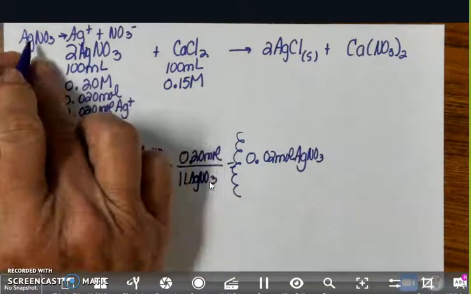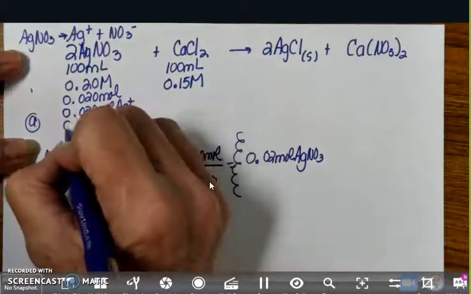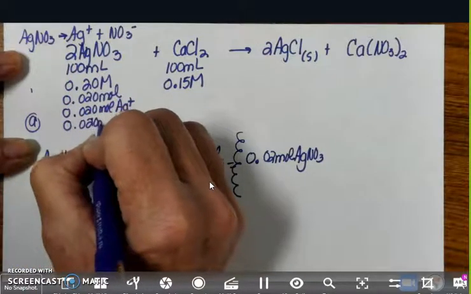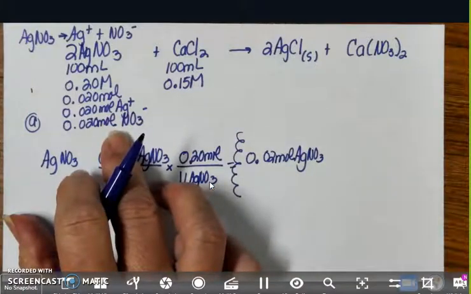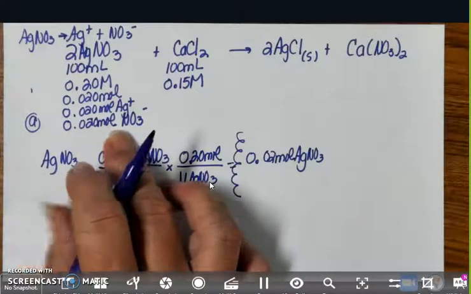And if I have 0.02 moles of that, I have 0.02 moles of nitrate. Oh, wow. So this is going to come in handy later, isn't it? Yes, all right. It is.